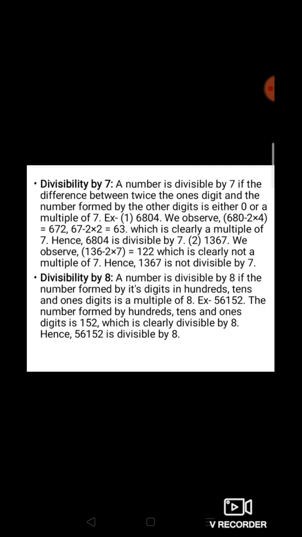Taking 152, we will divide it by 8 and see whether it is divisible by 8 or not. If you divide 152 by 8, you will see that it is divisible by 8. That means the whole number 56152 is divisible by 8. So here is the end of divisibility by 8.